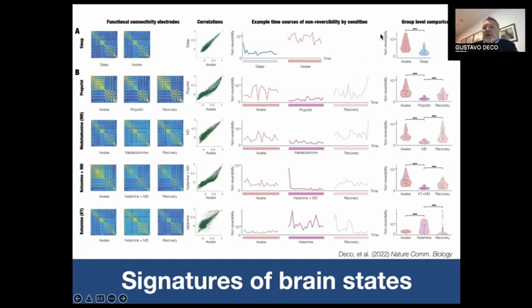Of course, in order to have statistical significance of this result, we can see this at the global level. So over all monkeys, all the trials, and then we see that in all cases, we have significant differences reflecting different levels of non-equilibrium, reflecting different levels of non-reversibility, or in other words, reflecting what is more important for us, different levels of breaking the detailed balance or different levels of hierarchical organization.